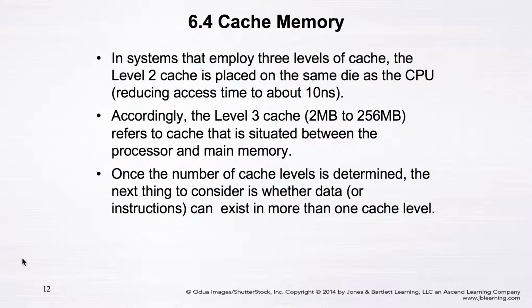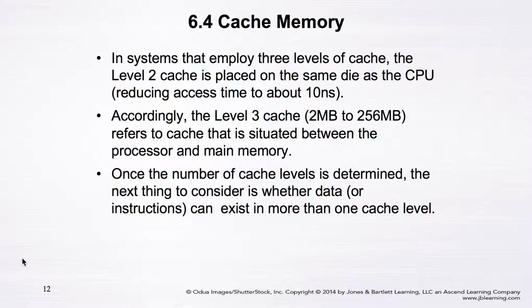In some systems that also employ a 3-level cache, the level 2 cache is placed on the same die as the CPU. By doing that, we reduce the access time between the CPU and the L2 cache to about 10 nanoseconds.